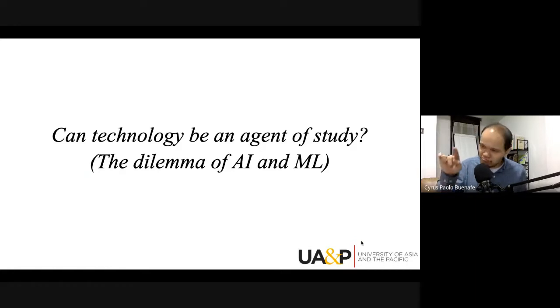So in that manner, can technology be an agent of study? Can they be someone or something, technology? Can they be the doers of the study? And this is the dilemma of artificial intelligence and machine learning, I would say.